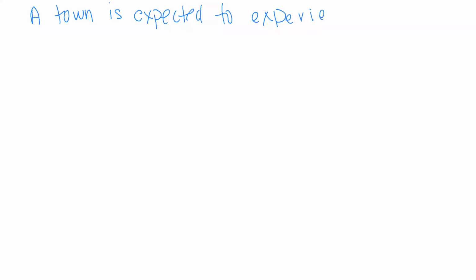Another type of question is where you're going to be given the formula. But it's going to be kind of an arbitrary formula for a very specific situation. And then you're going to take information from the problem, fill in the formula, and answer the question. So a town is expected to experience a 6% growth this year.